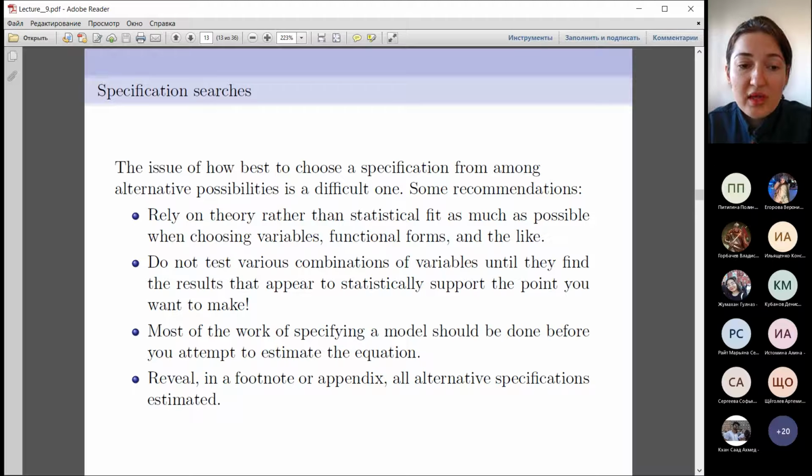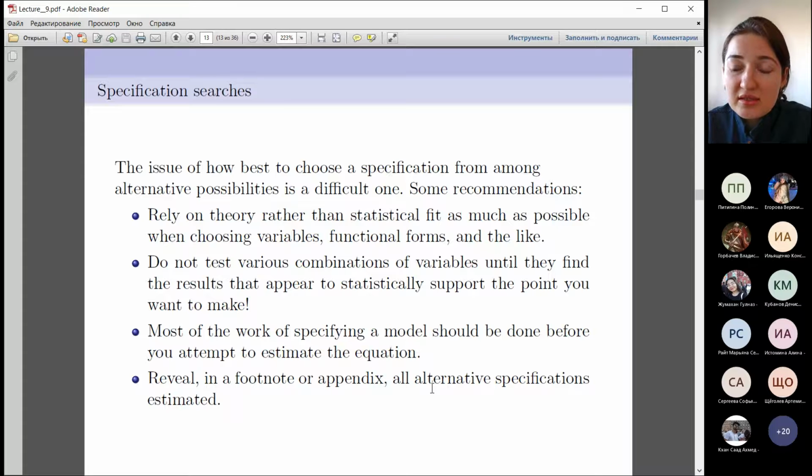And also, please remember that this will be very good for your research project when you run not only one model during your regression analysis, but you can use sensitivity analysis. What does it mean?